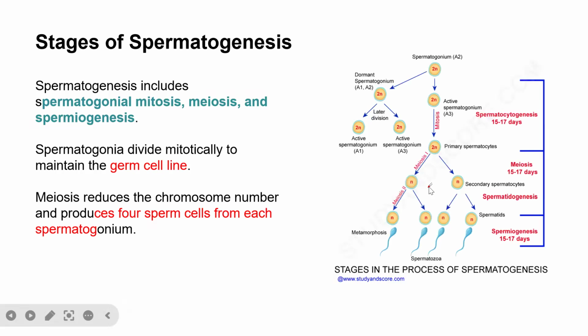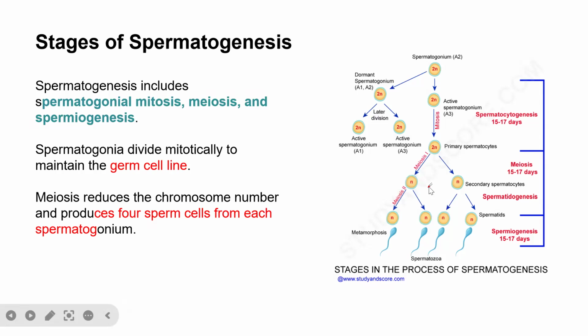As we can see, these are the different stages of spermatogenesis. It starts with about 15 to 17 days of spermatocytogenesis.